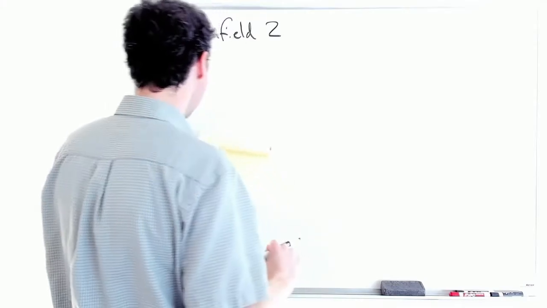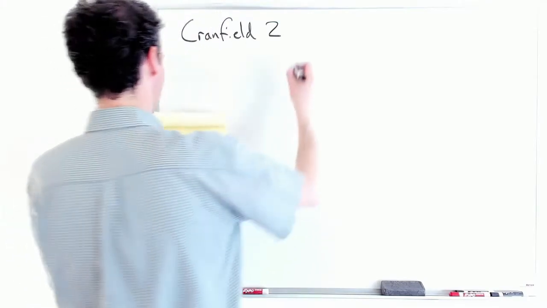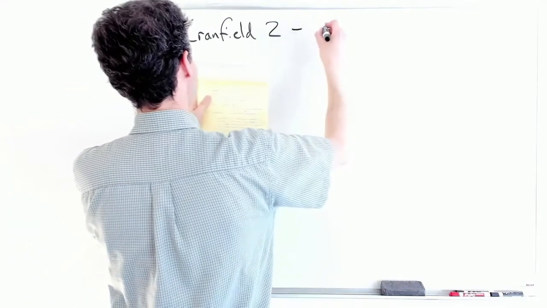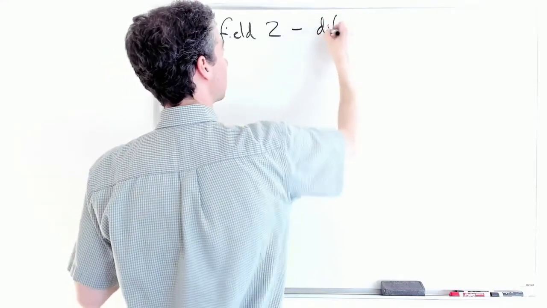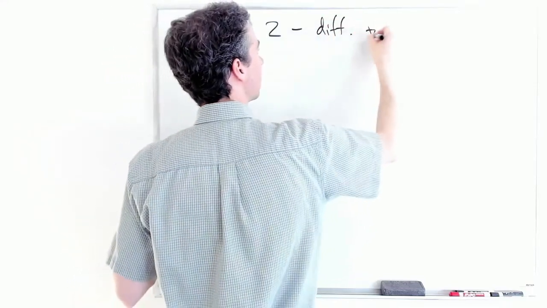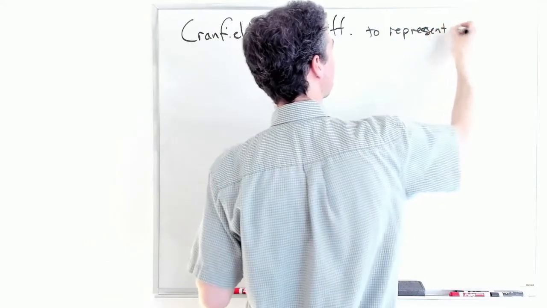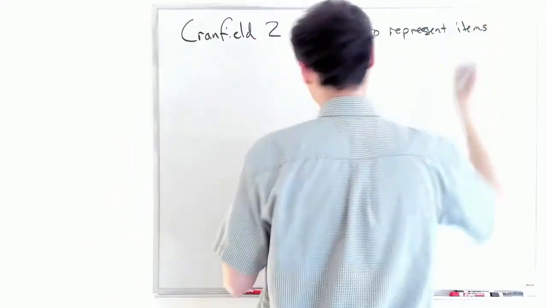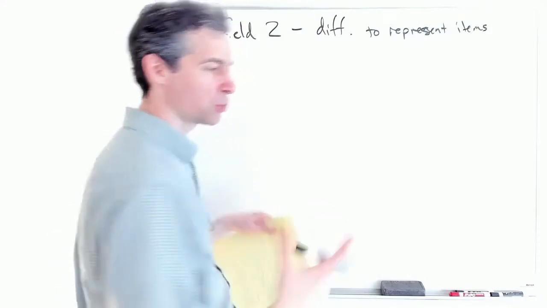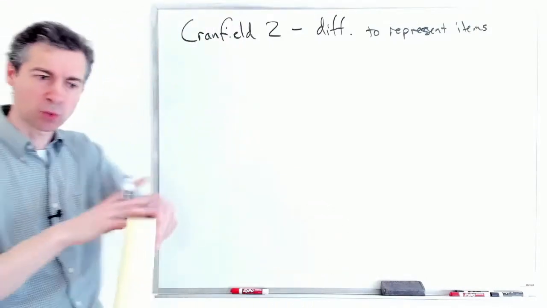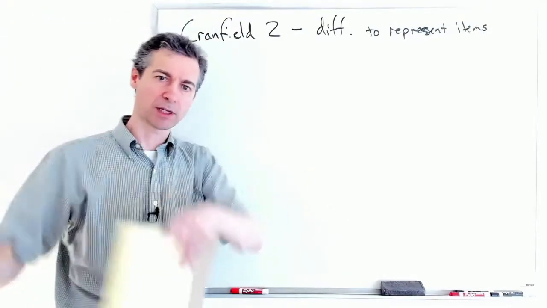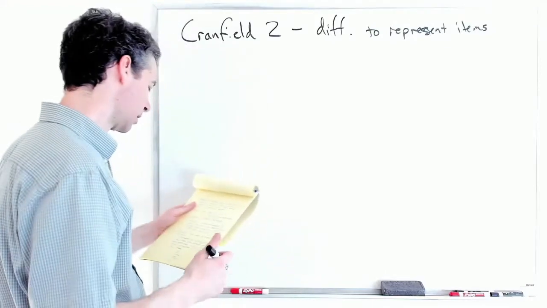Nevertheless, in his Cranfield 2, he looked at different ways to represent the items. So how should we pick the words, basically? How should we index them? What's the words that we should use to represent the item in the collection?